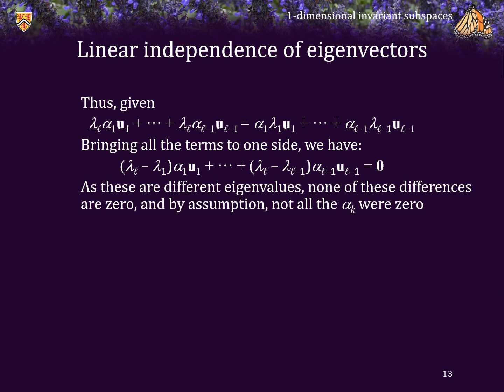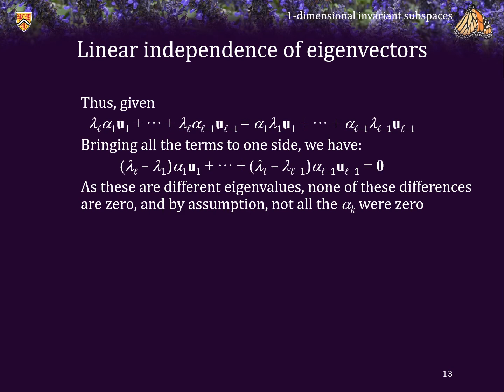On top of that, when we found the linear combination of the first L-1 vectors that equaled the Lth vector, we assumed that not all of the alpha sub k's were 0.